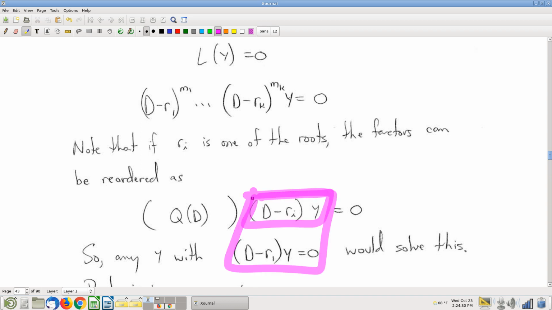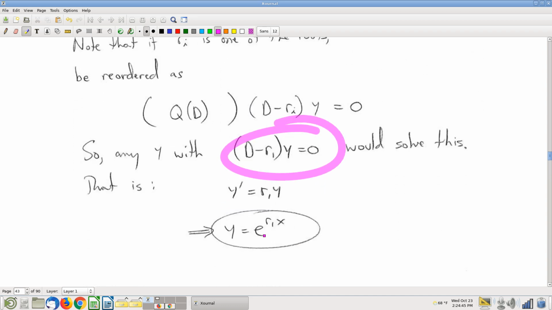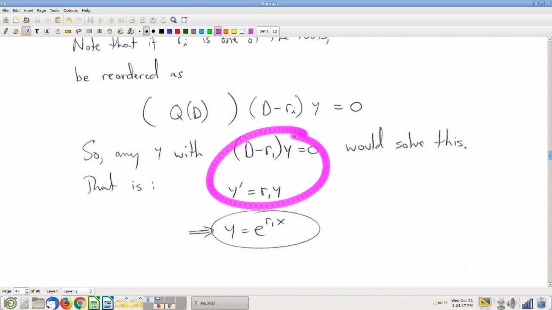Right now, there's other ways, probably. There's going to be a lot of different solutions, lots of y's that would work. But if I made this thing 0, that's going to work. And that is a first order differential equation. In fact, it's a natural growth equation, and we already know how to solve those.